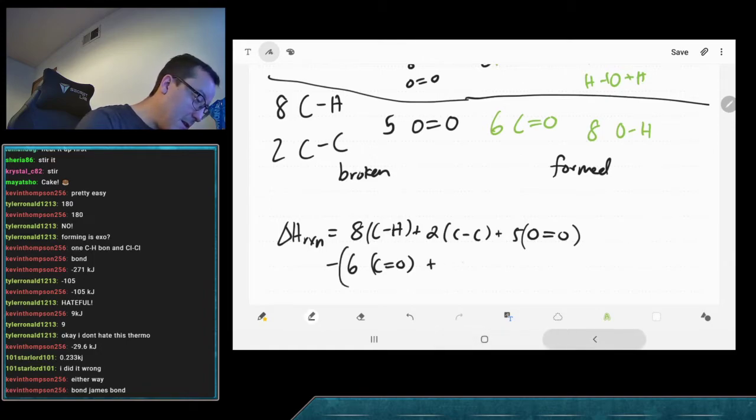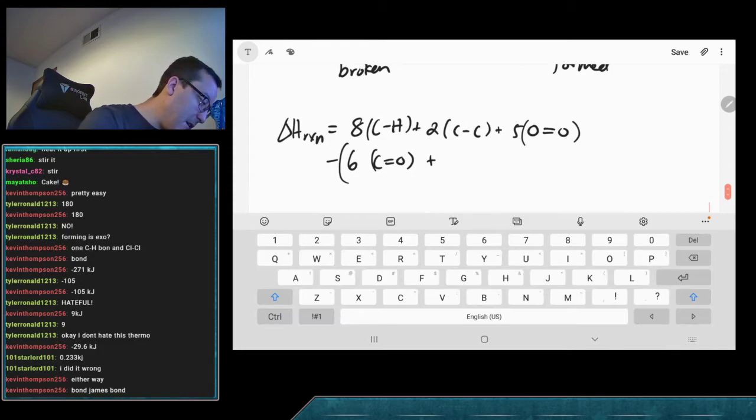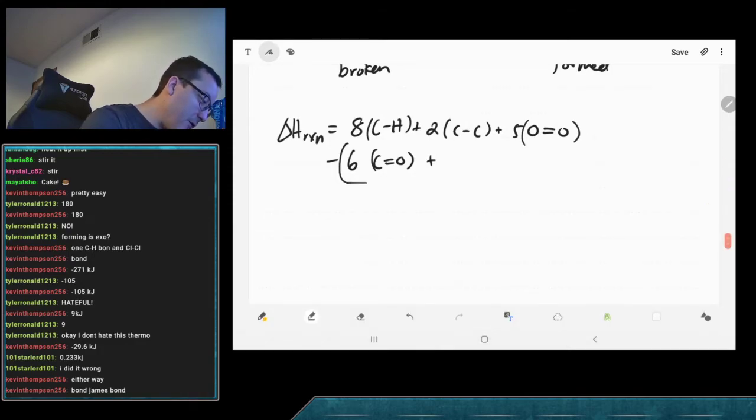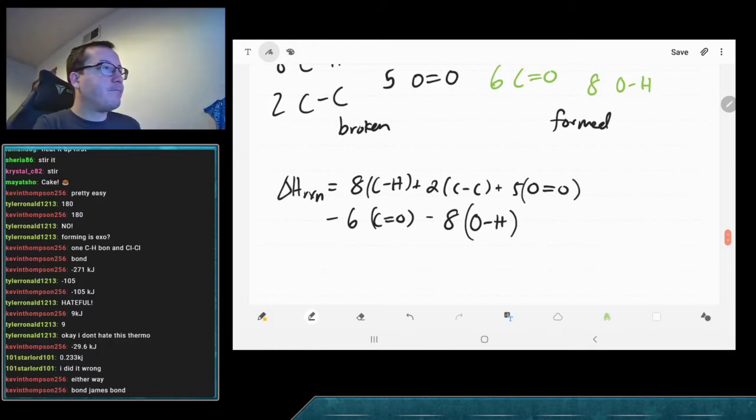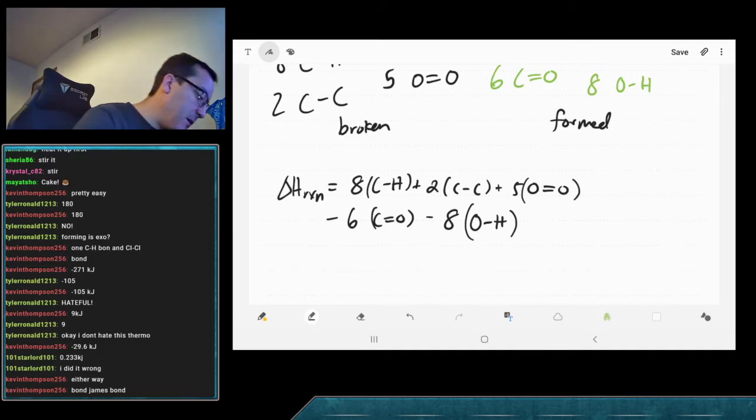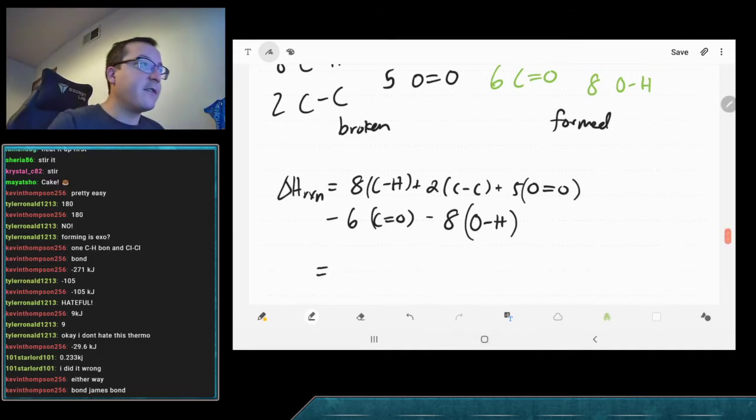I'm just going to not have to worry about all these crazy parentheses. Minus 8 OH bonds. So now with all this Lewis structure information, we can use these to figure stuff out.